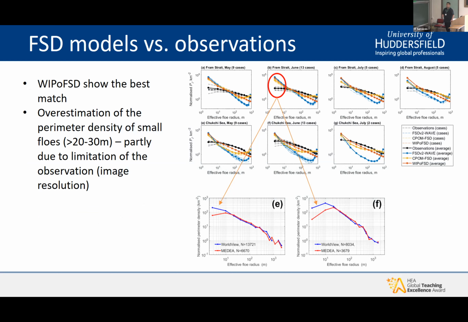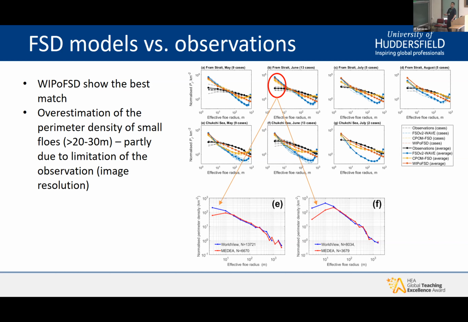There are many things I can talk about, but I just want to point out one aspect of the comparison. Here, the black ones are the observation, and the different colors indicate the different model results. First of all, if you look at the Power model result, this Power WP FSD, it actually shows the closest match to the observation.